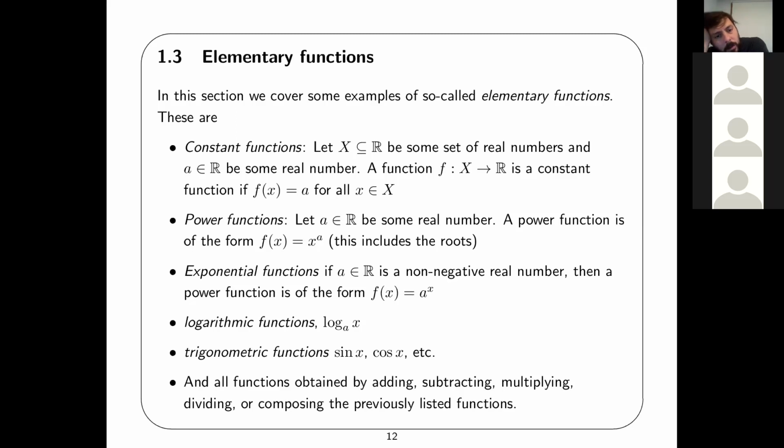So for the exponential functions, we assume that the base is non-negative. Then we have logarithmic functions. Their relationship to the exponential functions should be known. You guys understand what they are. And then there are trigonometric functions. We'll talk a little bit about how trigonometric functions are defined.